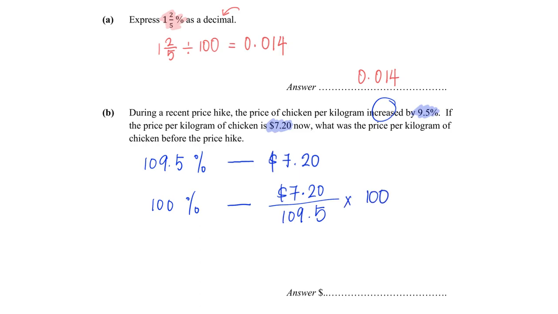Thereafter, multiply by 100 to give me the price before the price hike, which is $6.57534.